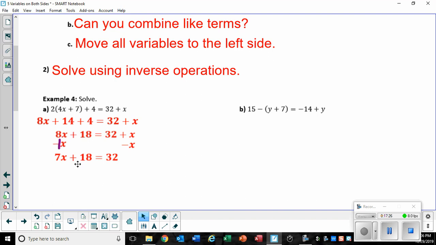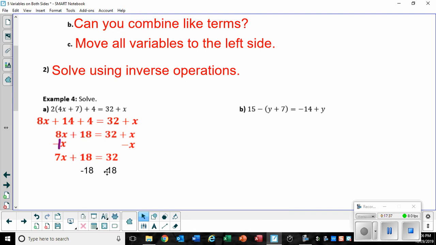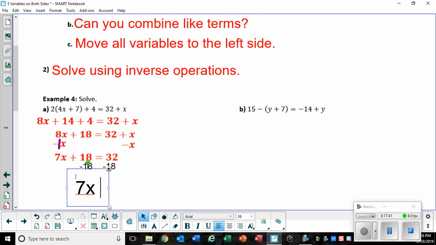Subtract 18 from both sides. And I will get 7x equals 32 minus 18. That is 14? 14, yeah.